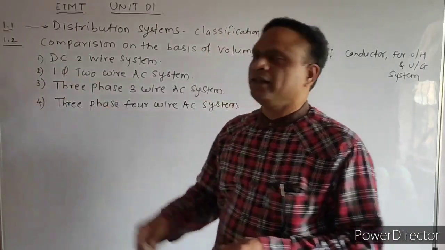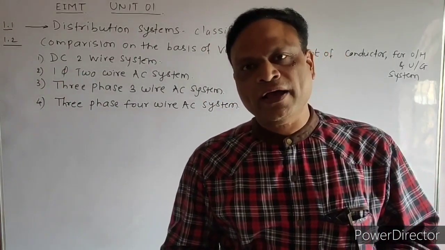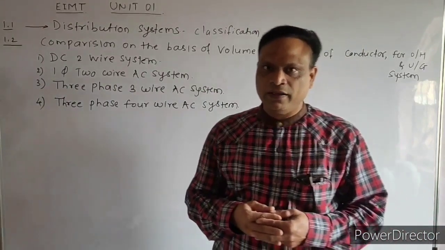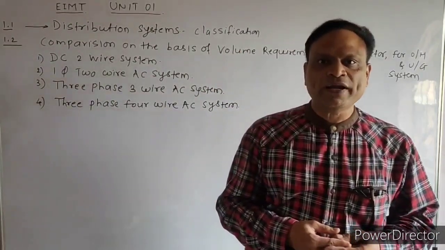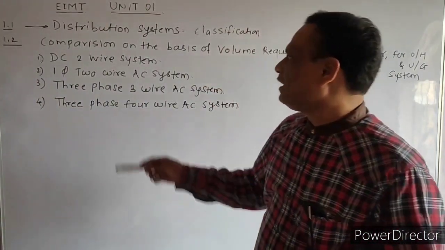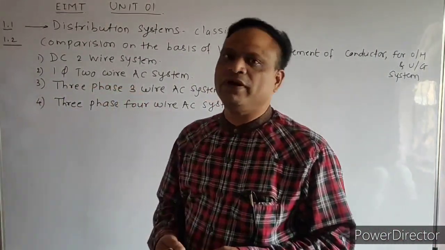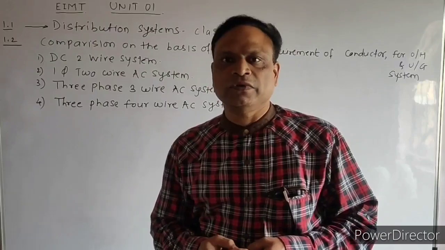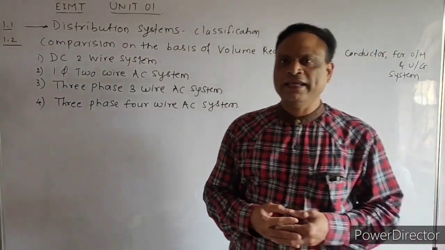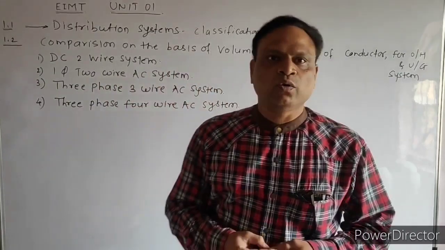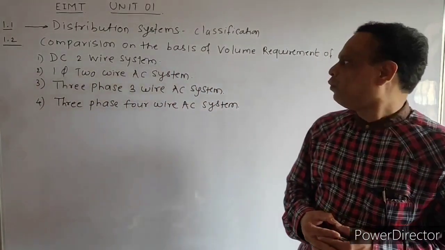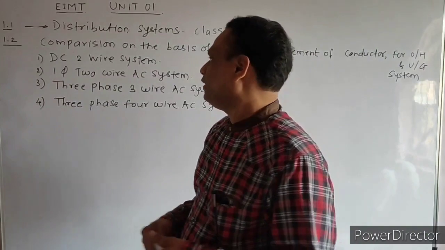If it is a DC, then it will be DC 2 wire or DC 3 wire and DC 2 wire with midpoint earth. Similarly, if it is AC system, AC will be considered as 2 wire AC or 3 wire AC or 2 wire with one midpoint earth.